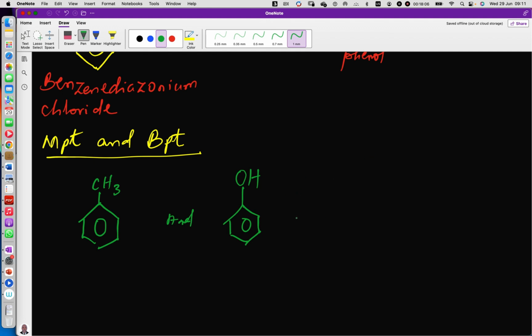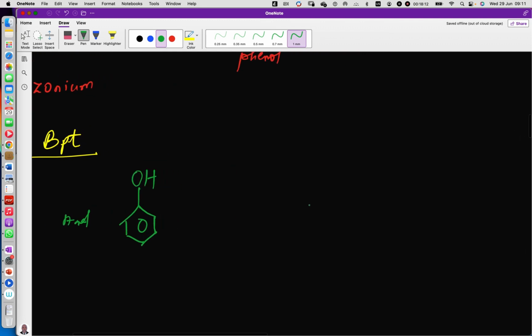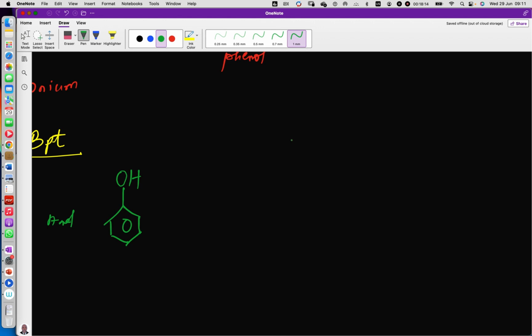You can see it here like this. This is a phenol molecule.